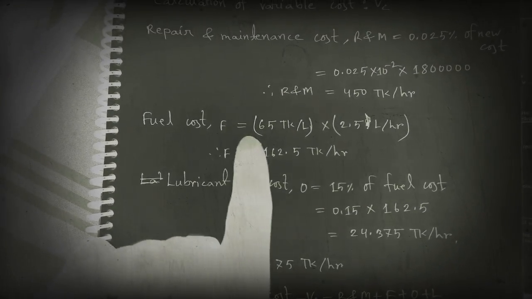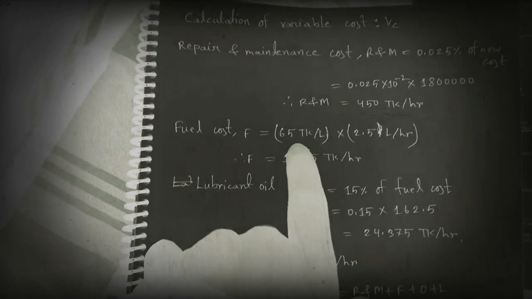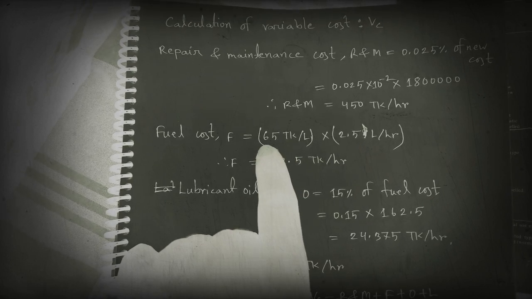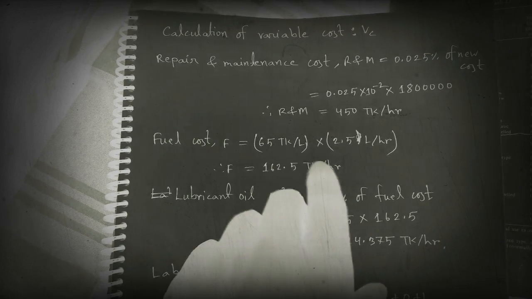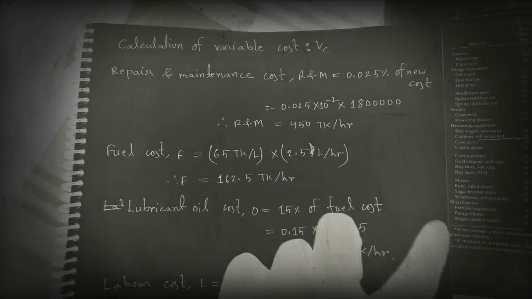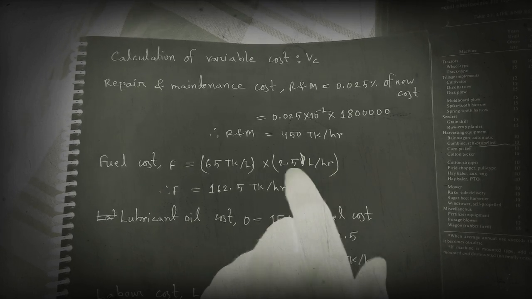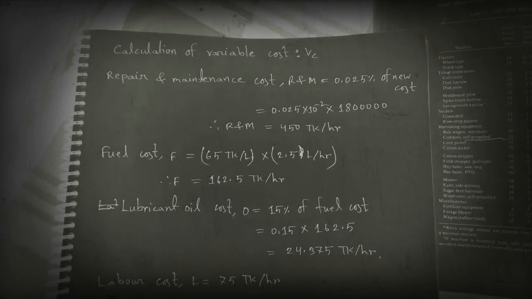And fuel cost: we assume the price of fuel is 65 taka per liter, and the diesel fuel consumption given in the math for the combine is 2.5 liter per hour. Every hour needs 2.5 liter diesel.